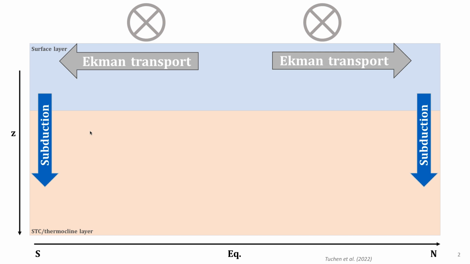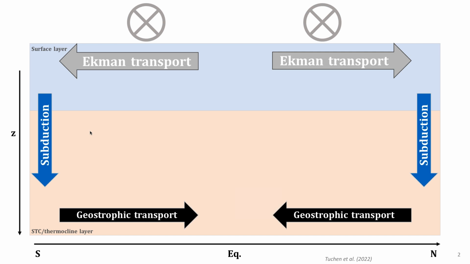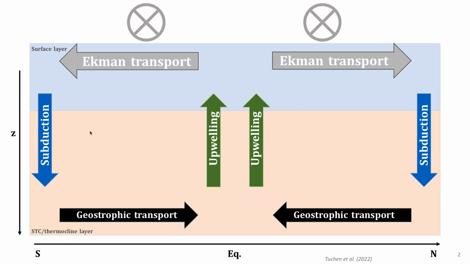Then in the subtropics, we have the subduction of water masses, basically in the subtropical gyres, and these water masses are then brought back to the equatorial regions by geostrophic transport at thermocline level, and eventually the cells are closed by equatorial, but also by eastern boundary upwelling. And this is basically all four branches of the subtropical cells for both hemispheres now.